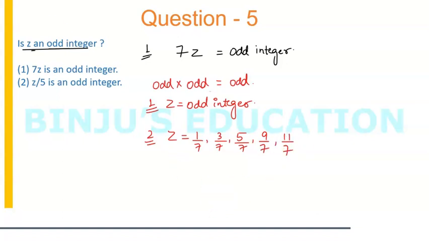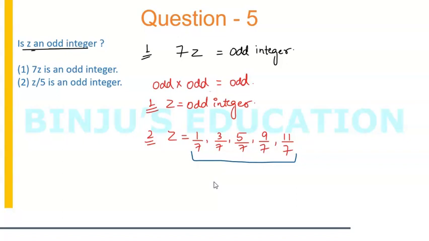If I multiply any of these fractions with 7, the result will still be an odd integer. Like 7 into 1 by 7 is 1. 7 into 3 by 7 is 3. 7 into 5 by 7 is 5. 7 into 9 by 7 is 9.